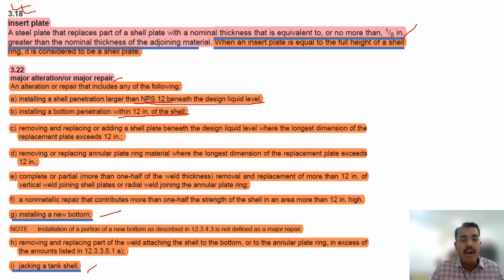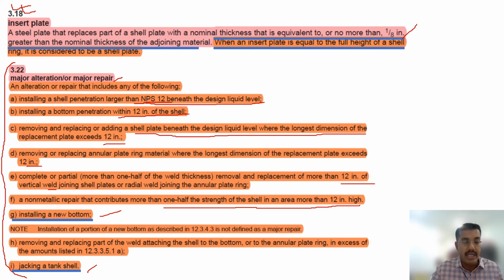Removing and replacing or adding shell plate beneath the design liquid level where the longest dimension of the replacement plate exceeds 12 inch. Removing or replacing annular plate ring material where the longest dimension of the replacement plate exceeds 12 inch. Complete or partial removal or replacement of more than 12 inch of vertical weld joints. And non-metallic repair that contributes more than 1/2 of the strength of the shell in an area of 12 inch or higher. Those are the things for major alteration and major repair.